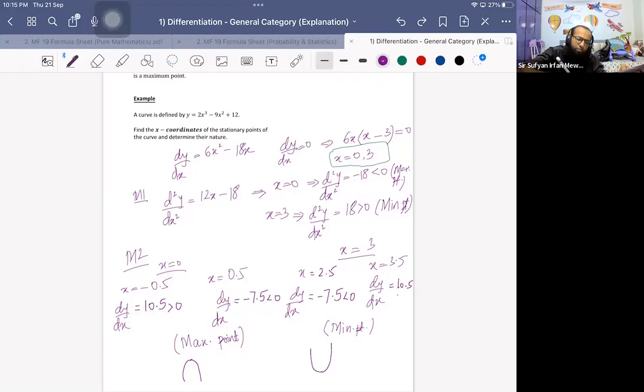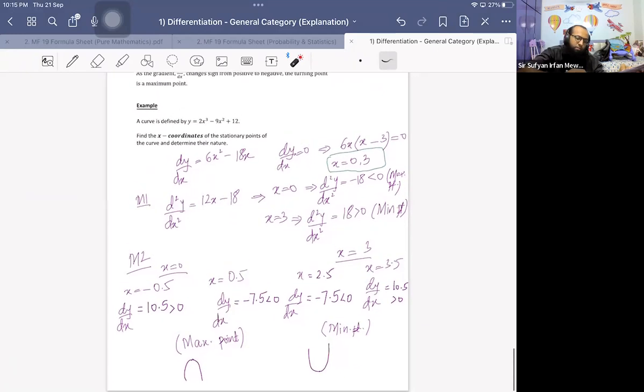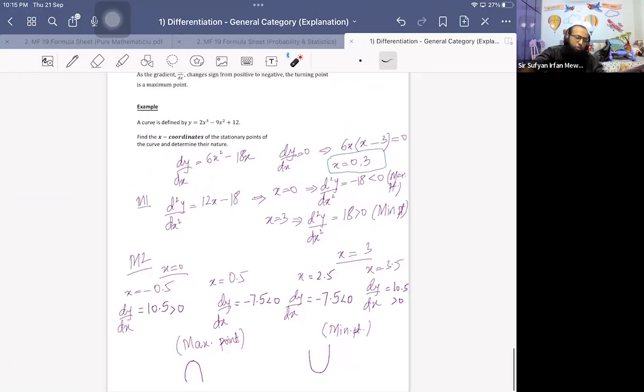This is greater than 0. If this is greater than 0, then this means previously the function was a decreasing function and then it became an increasing function. So from decreasing to increasing, the point is a minimum point. From increasing to decreasing, it's a maximum point. And from decreasing to increasing, it's a minimum point. So I've covered this example and taught you how to find the nature using the first derivative as well. Note it down and then let me know if you're clear with this.